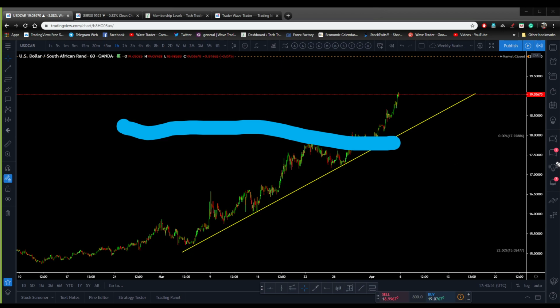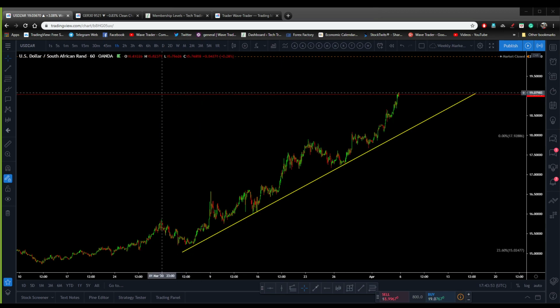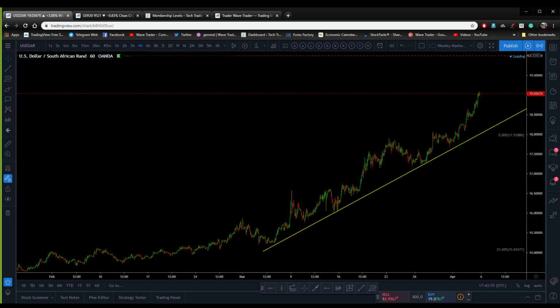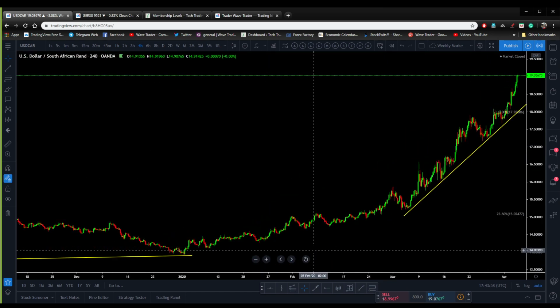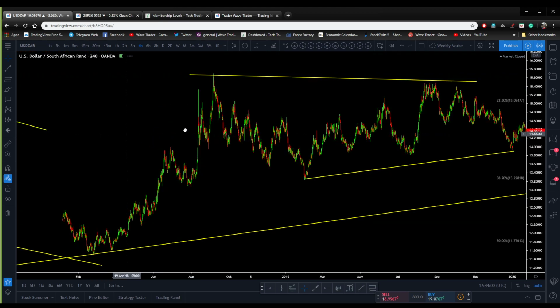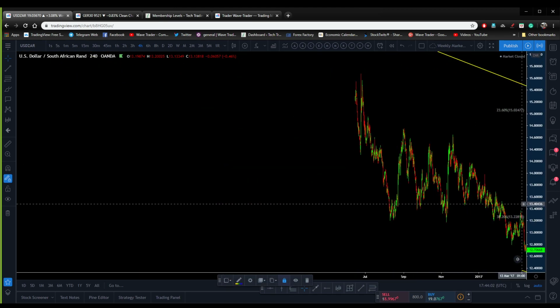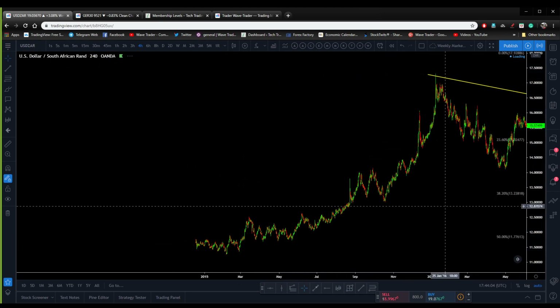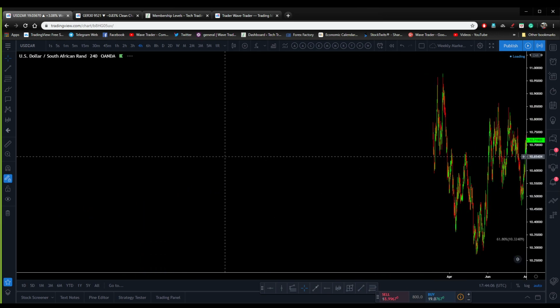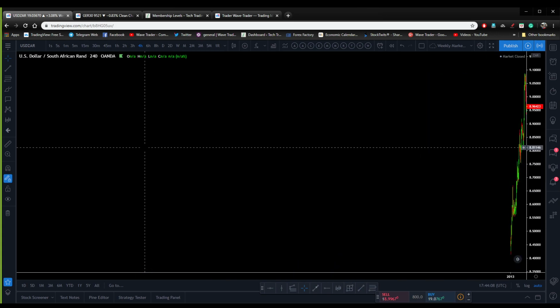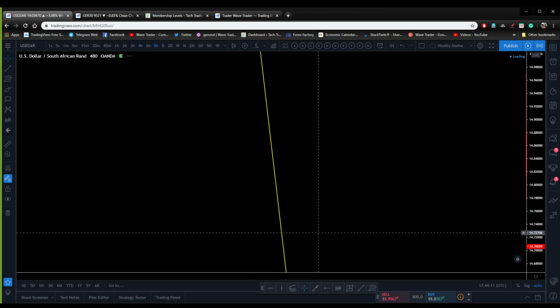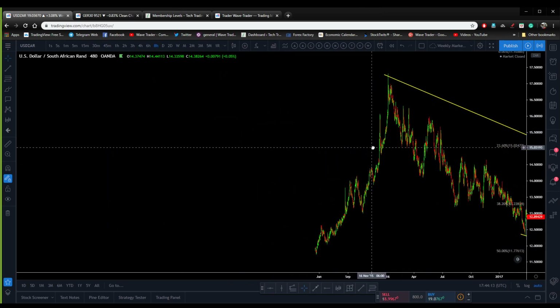So let's go to the previous chart and let me show you something from there so that you can get the idea of what to look for. When was the last time you saw a stronger sell on it?